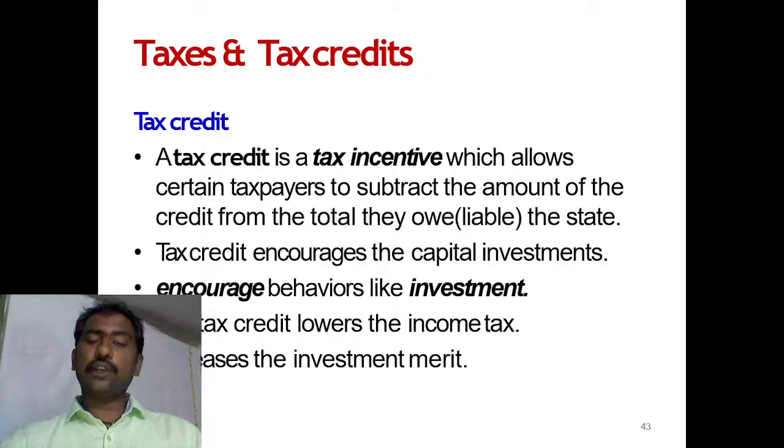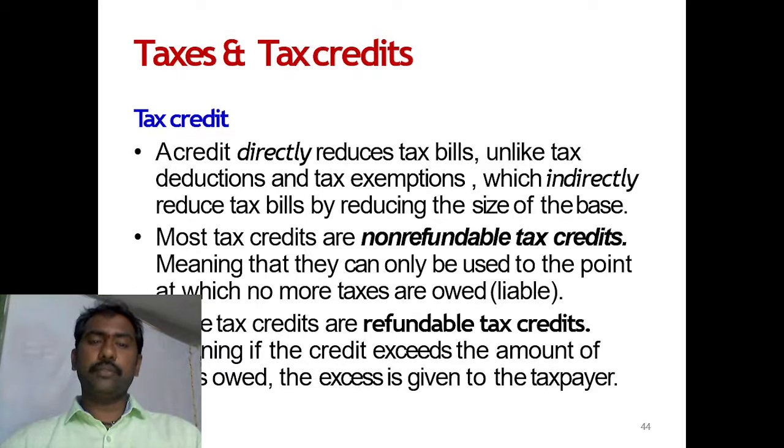The tax credit lowers the income tax and increases the investment merits. A credit directly reduces the tax bill, unlike tax deductions and tax exemptions, which indirectly reduce the tax bill by reducing the size of the base.